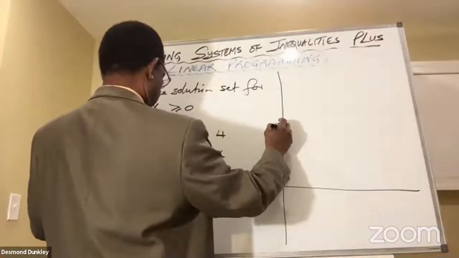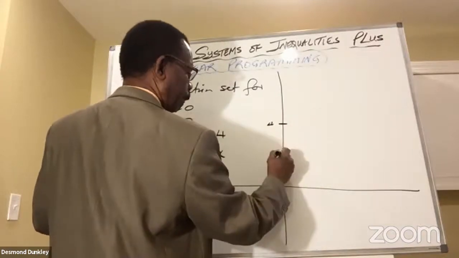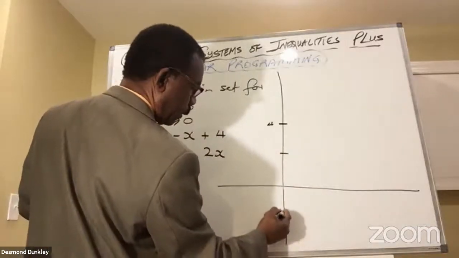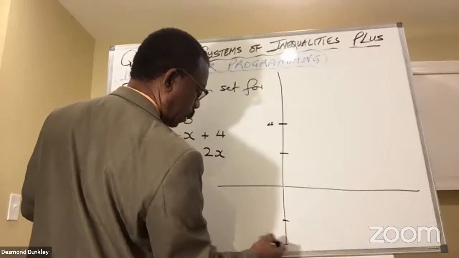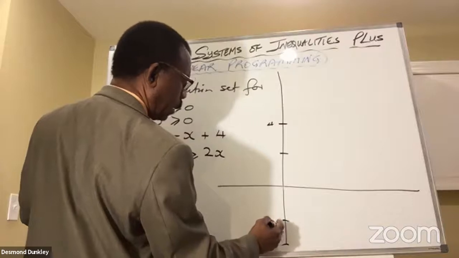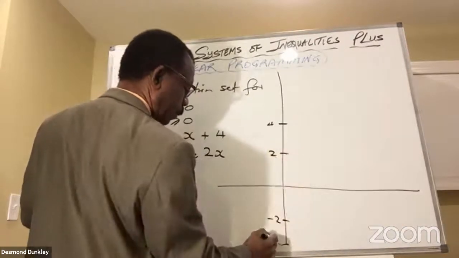So if we use, say, 4, we could go negative 2, 2.